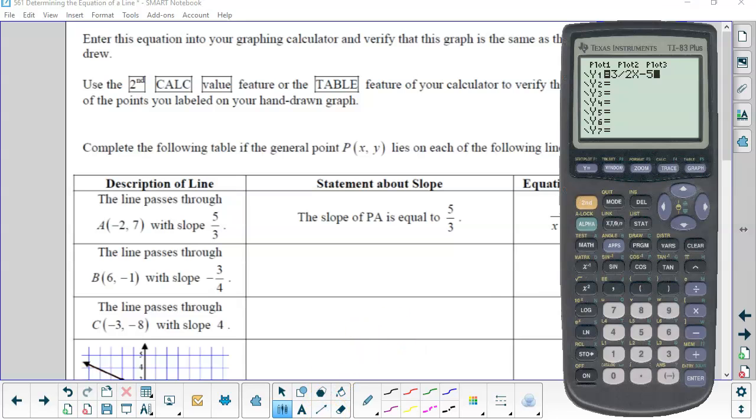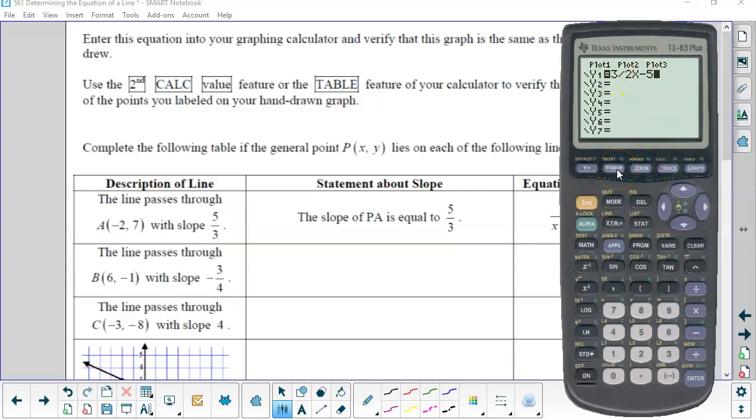So I've entered it in. Because I had to switch computers, I don't have the newest version of the calculator, so it's a little bit older. I can't do fractions, but I can use the dividing symbol, 3 over 2 x. Remember, that doesn't mean 3 divided by 2x in the denominator. This is 3 over 2 times x, minus 5.